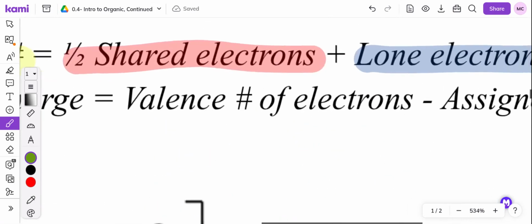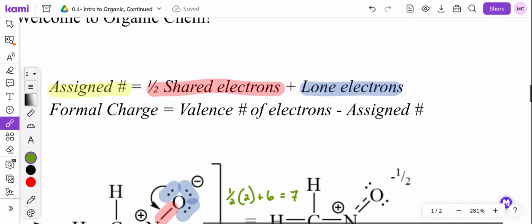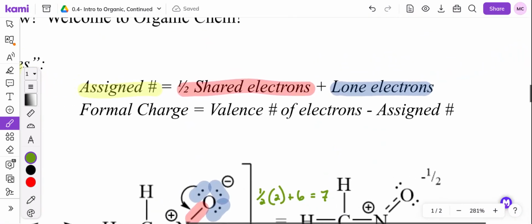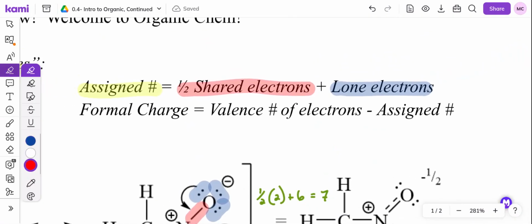And then the second part to determine the formal charge is to take the valence number of electrons, which is from the group number that it's in. So remember, 4A has 4 electrons, 5A, that's nitrogen, has 5 valence electrons, oxygen 6, and then the halogens have 7.